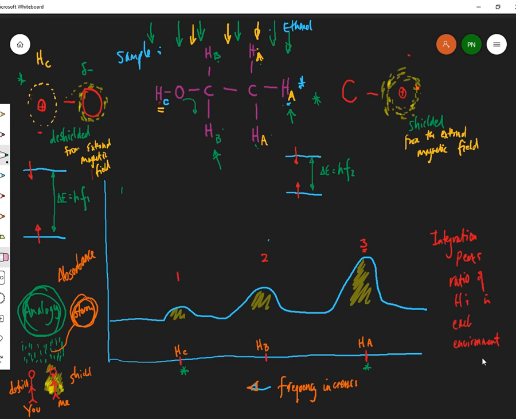So this part of our absorption curve is known as the de-shielded part, and down here, these are called the shielded. That's why you get different peaks for different protons. So if I didn't know it was ethanol, and I just saw this, I'd know there are 3 different proton types in ethanol, and they are in the ratio 3 to 2 to 1.